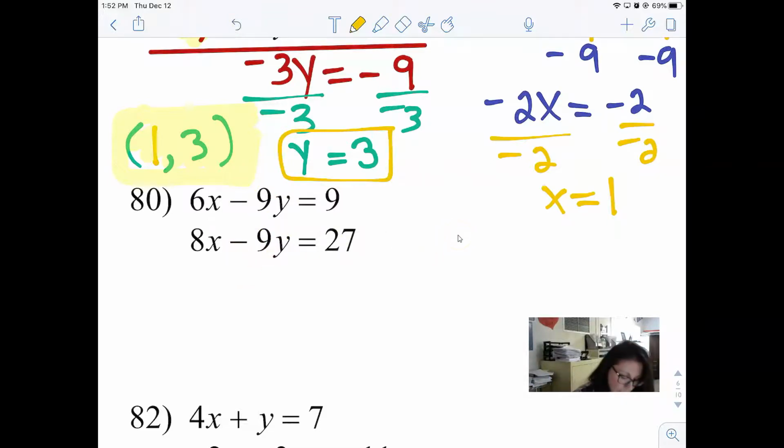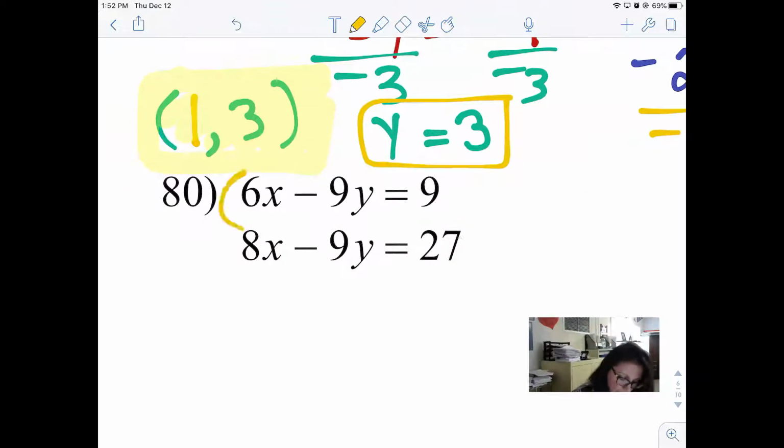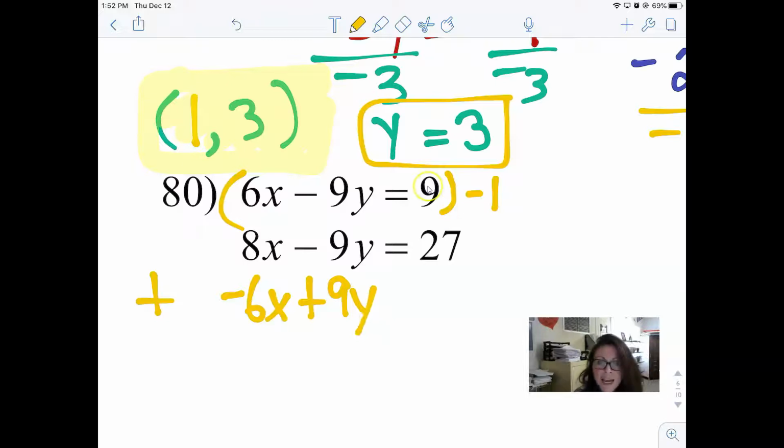So I'm going to do that by multiplying the top by negative 1. Distributing a negative 1 to every term changes the signs to the opposite. So I get negative 6x, a positive 9y, and 9 times negative 1 is negative 9. Now I can just add vertically.